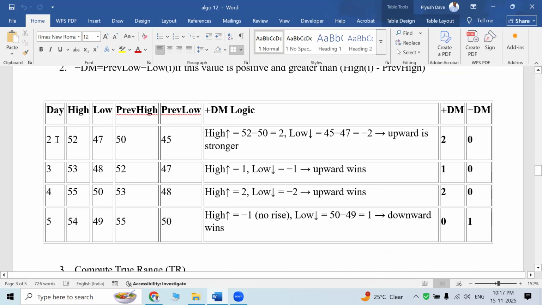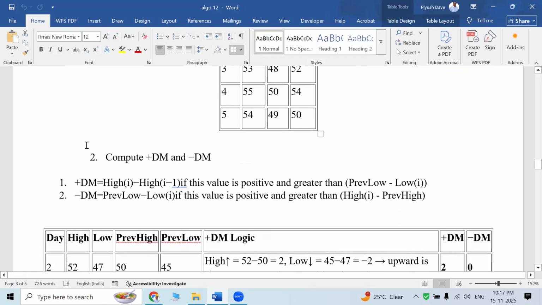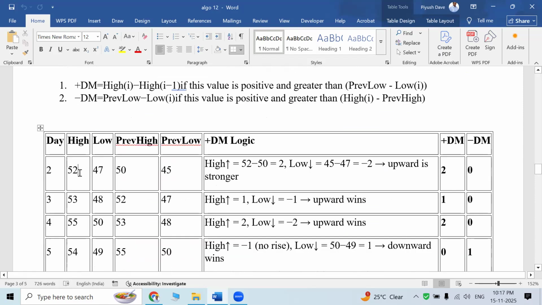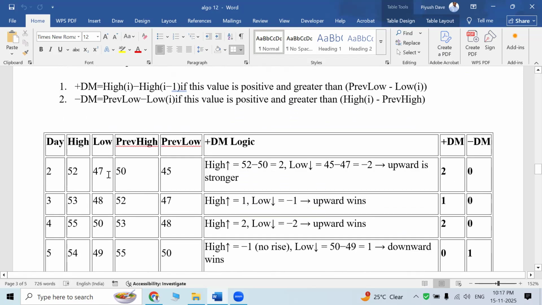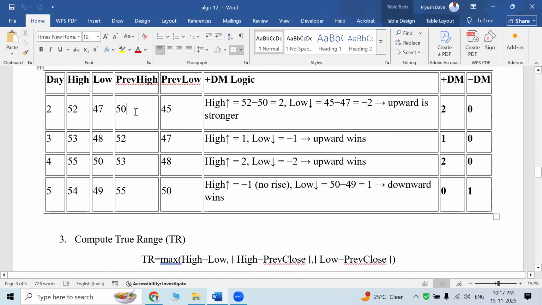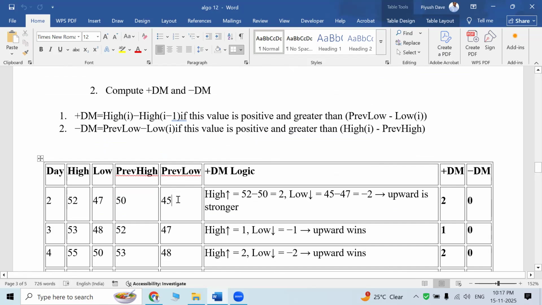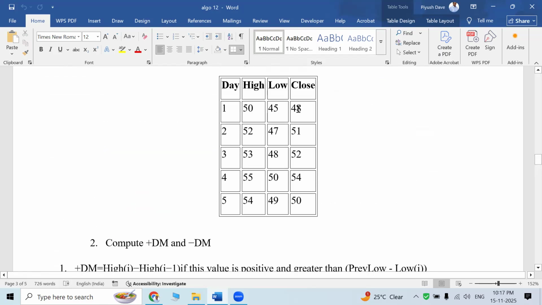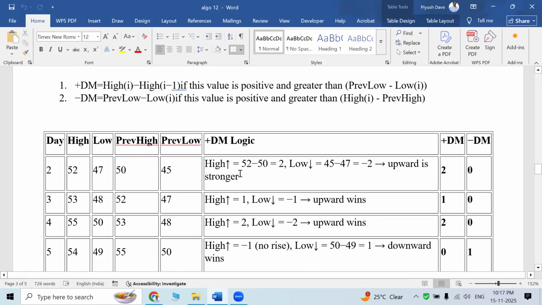Day number 1 we will not consider, as it's an initial value. We start with day number 2. The high of day 2 is 52 and the low for day 2 is 47. The previous high from day 1 is 50, and the previous low is 45. So what are we going to do to find plus DM?